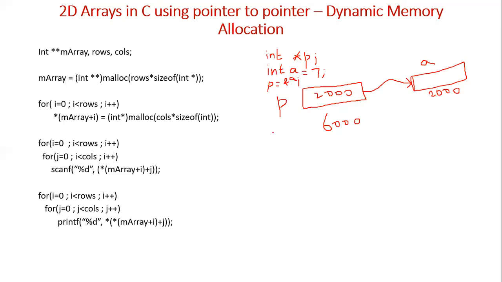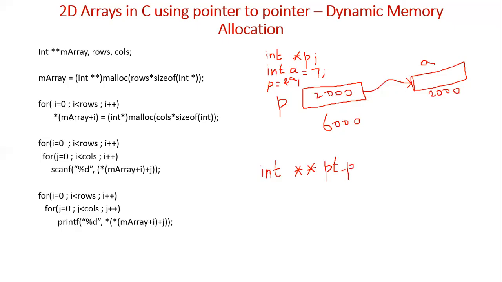Now what is a pointer to pointer? Say for example, I am creating something like this: int star star pt_p, which is a pointer to pointer.